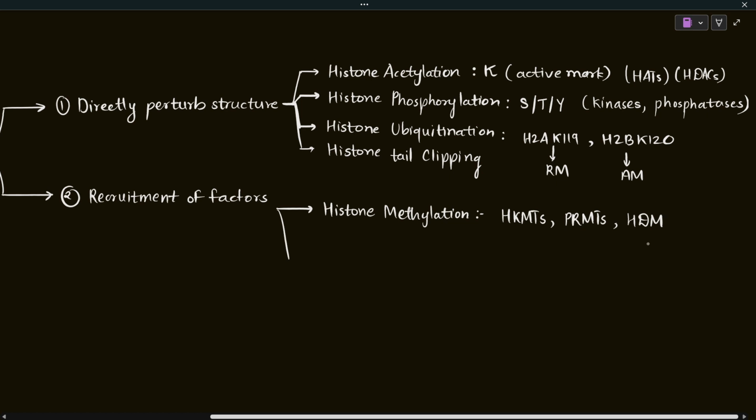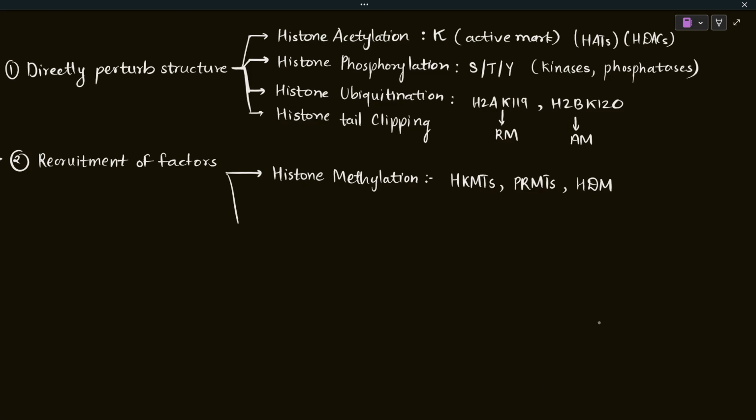The histone demethylases only do the demethylation for the lysine residue, but for the arginine residue we have not found any demethylase which can remove the arginine methylation. Rather, we refer to PAD4, which is a deaminase, because it replaces the methylated arginine with a citrulline, which is a non-standard amino acid.